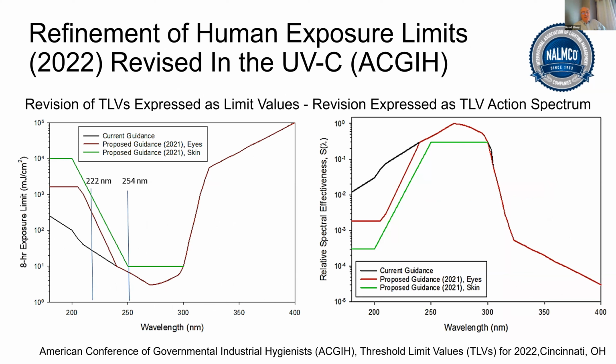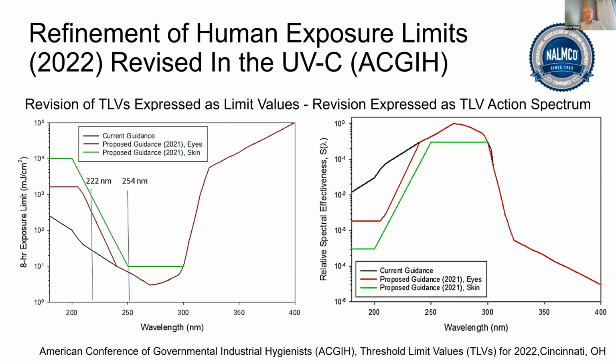I mentioned that in 2022, the ACGIH revised their limits in the far UVC particularly, and you'll see the changes there. The exposure limit is plotted in the left panel as a function of wavelength on a logarithmic scale, and the S lambda curves, or the spectral weighting curves, are shown in the right-hand figure.